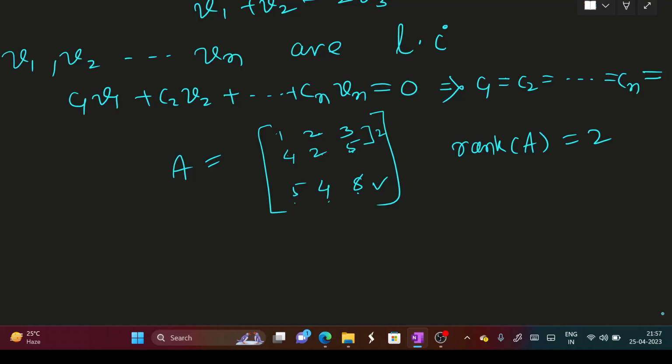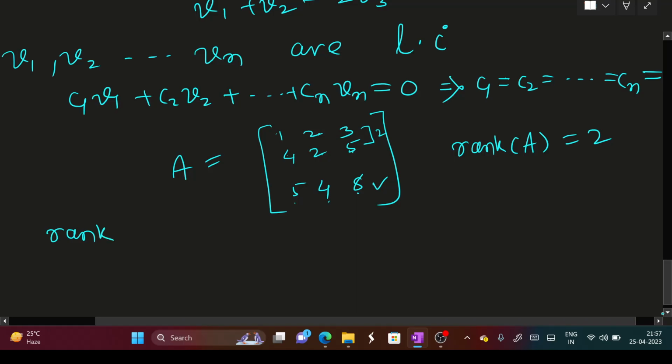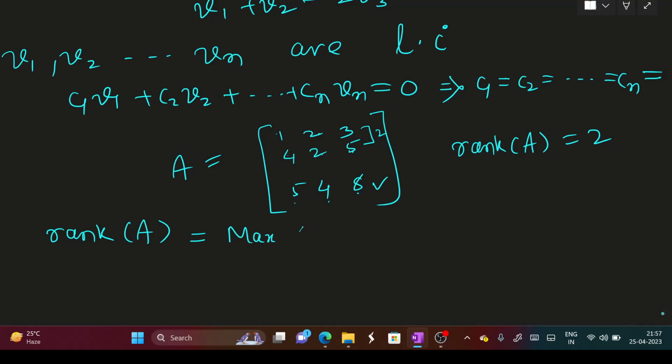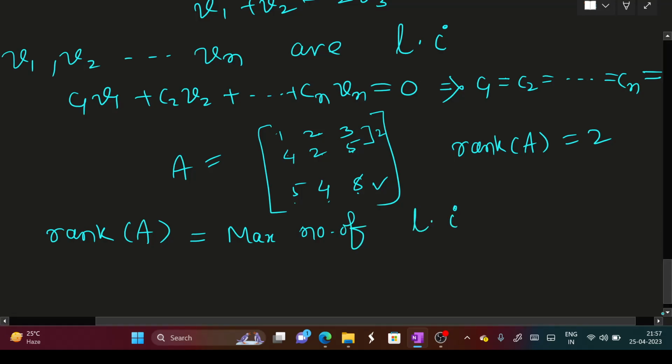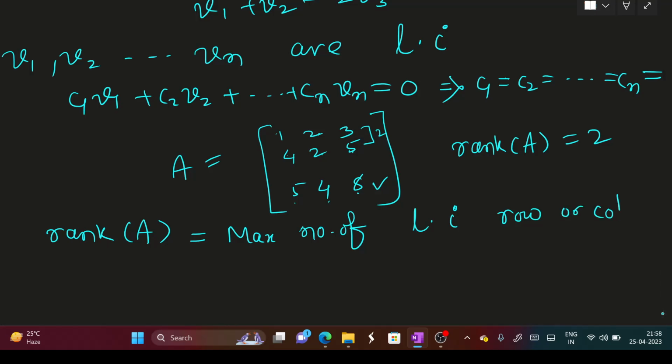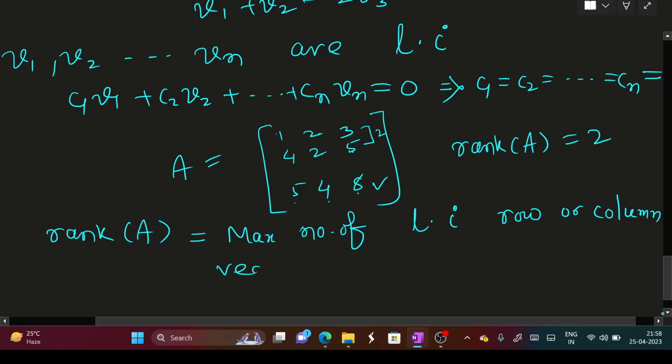So what is the original definition of rank? Rank of a matrix A is the maximum number of linearly independent row or column vectors present in the matrix.